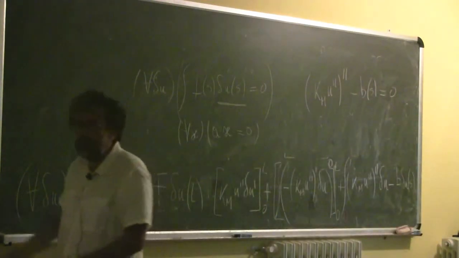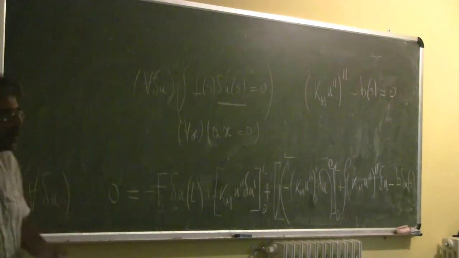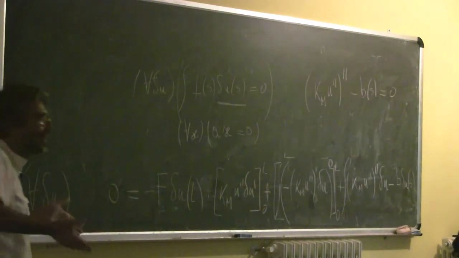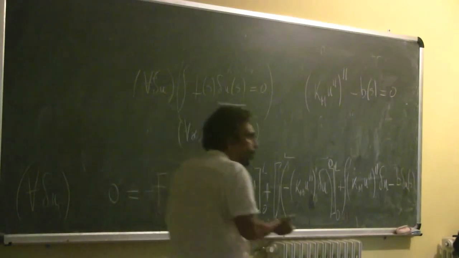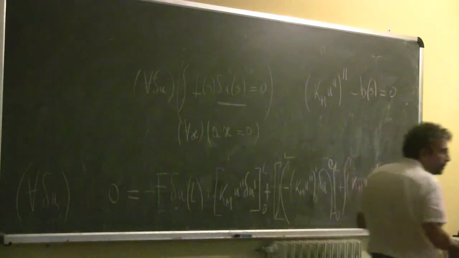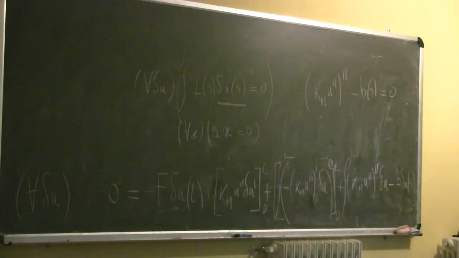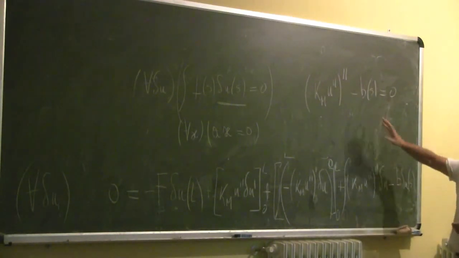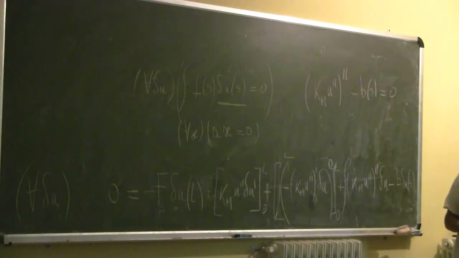This is what is called the equation of elastica, the equation of Euler beam. Maybe you don't recognize it, but I will show you that it is equivalent to a form you have seen.